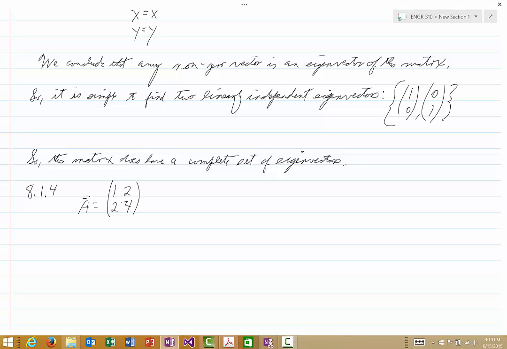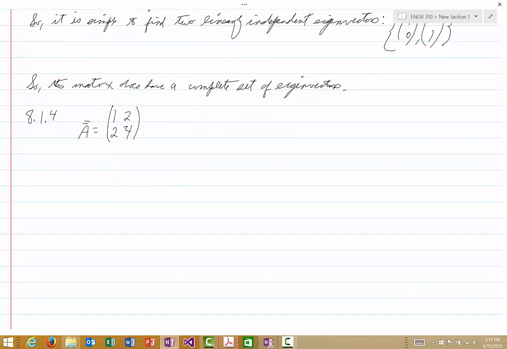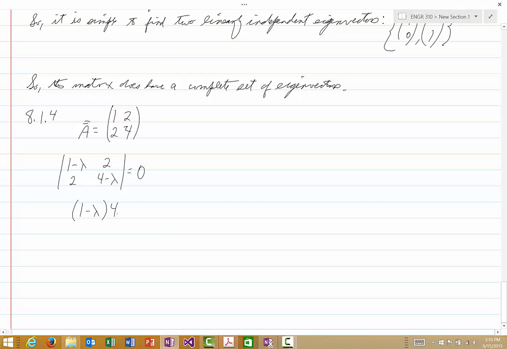Okay, so I hope that you had luck with this problem, and let's see how it would go. When we set the determinant of A minus lambda I equal to 0, we get 1 minus lambda, 2, 2, 4 minus lambda equal to 0. So we get 1 minus lambda times 4 minus lambda minus 2 times 2 is equal to 0.